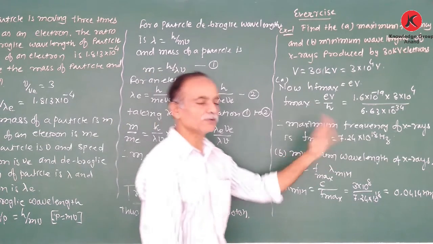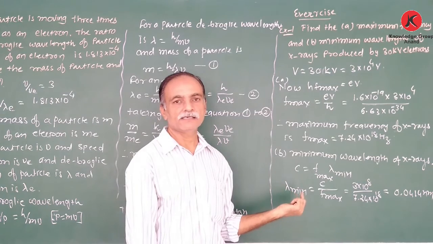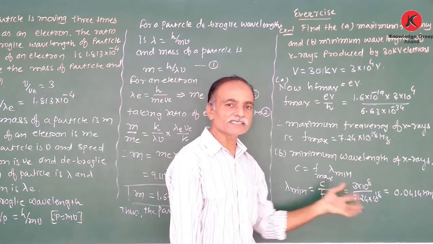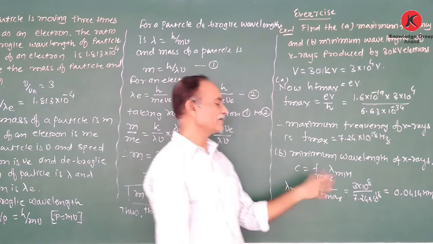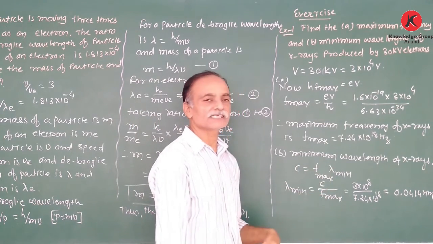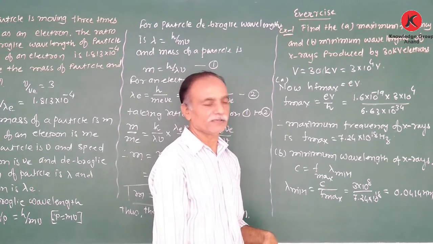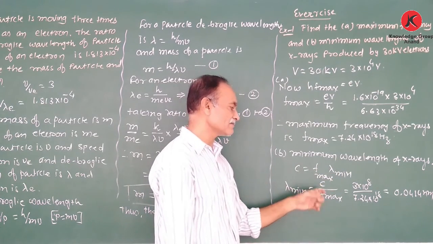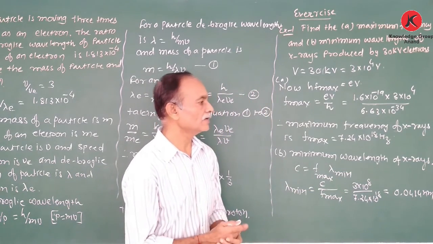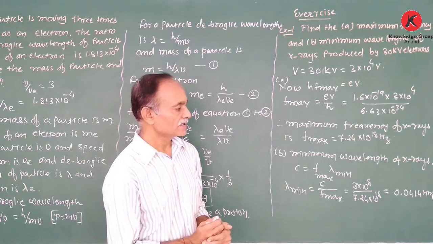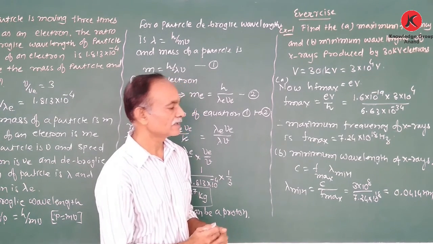For the minimum wavelength of X-ray, we know that c is equal to f lambda. That means frequency and wavelength are inversely proportional to each other. If the frequency is maximum, the wavelength is minimum. Therefore, c is equal to f maximum into lambda minimum, so lambda minimum is equal to c upon f maximum. Therefore, this value is 0.0414 nanometer. Clear?